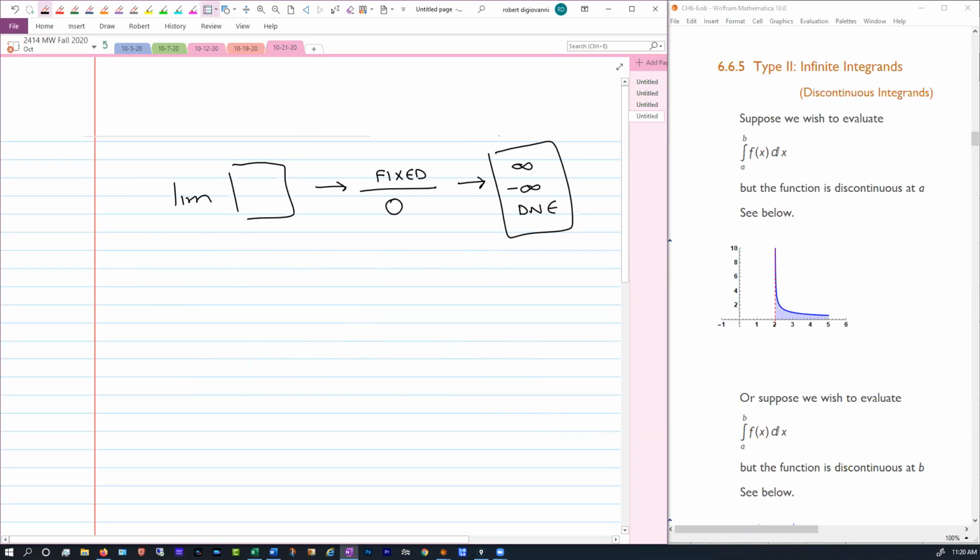You have to determine which of those 3 it is. And so what you do is you try and figure out the signs of the numerator and denominator. Is the top a positive number or a negative number? And on the bottom, is it positive or negative? And then you just use whatever those ratios are. If you have a negative on top and bottom, then your answer is positive. If the signs are different, then you get a negative infinity.